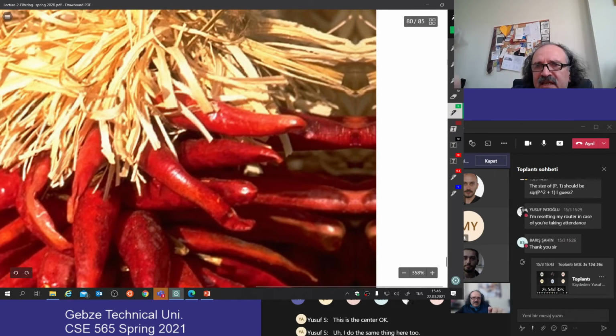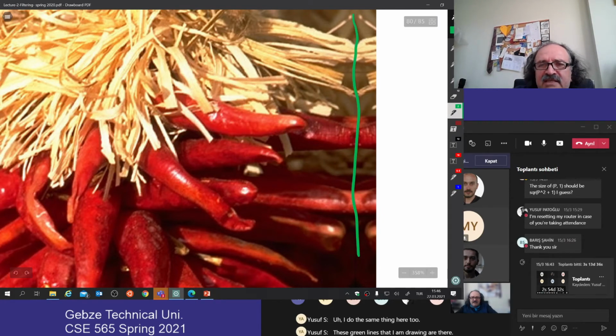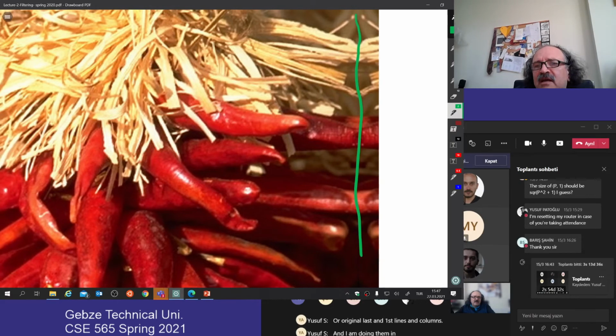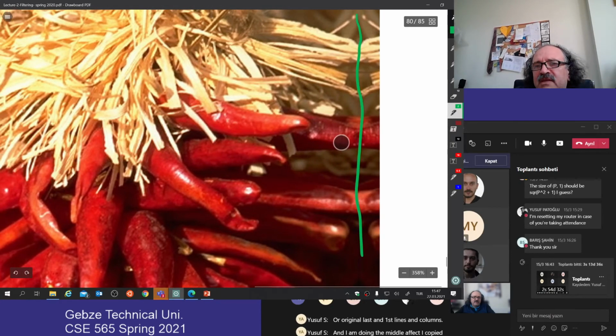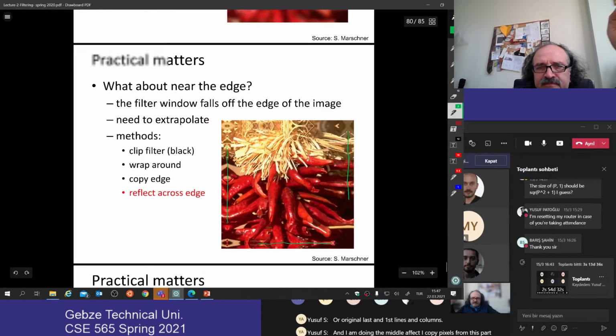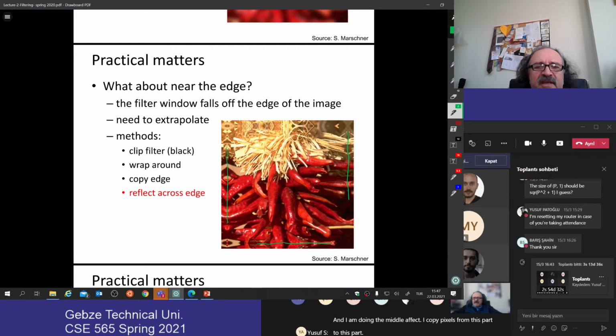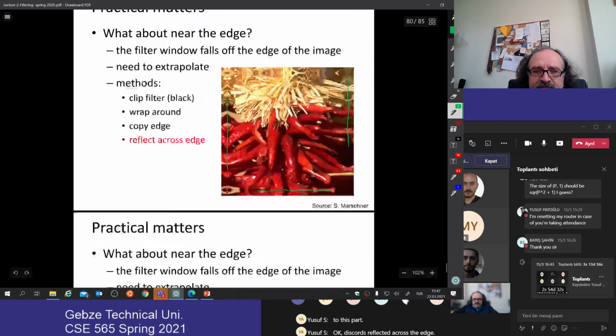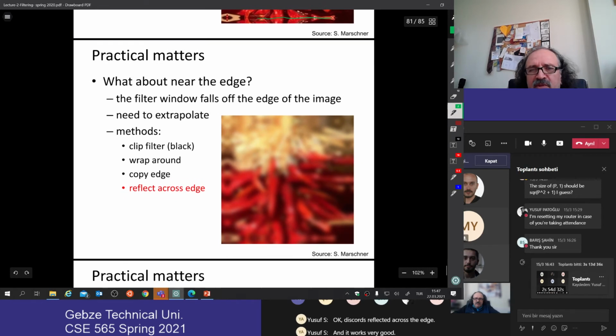These green lines that I am drawing are the original last and first lines and columns. And I am doing the mirror effect. I copy pixels from this part to this part. This is called reflect across edge. And it works very good. And this would be the final result.